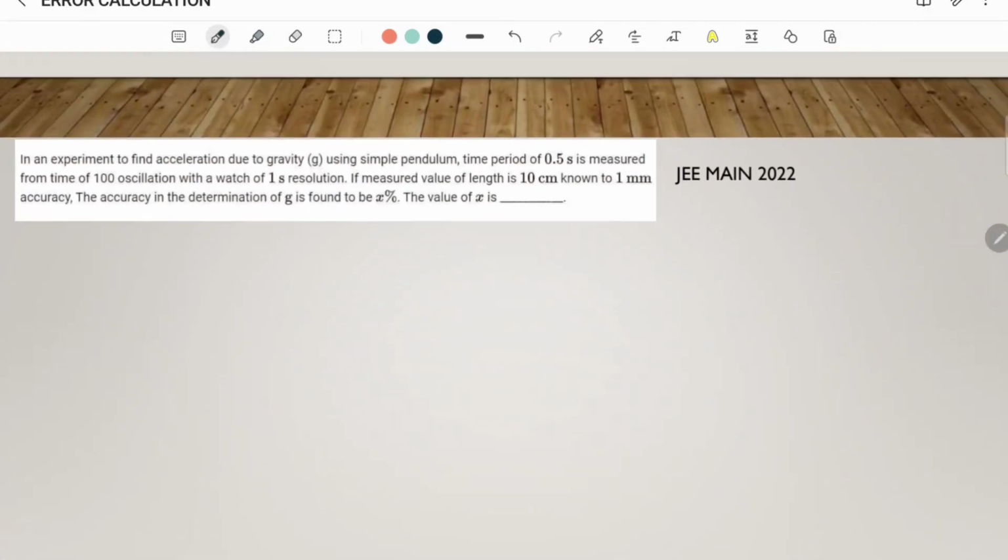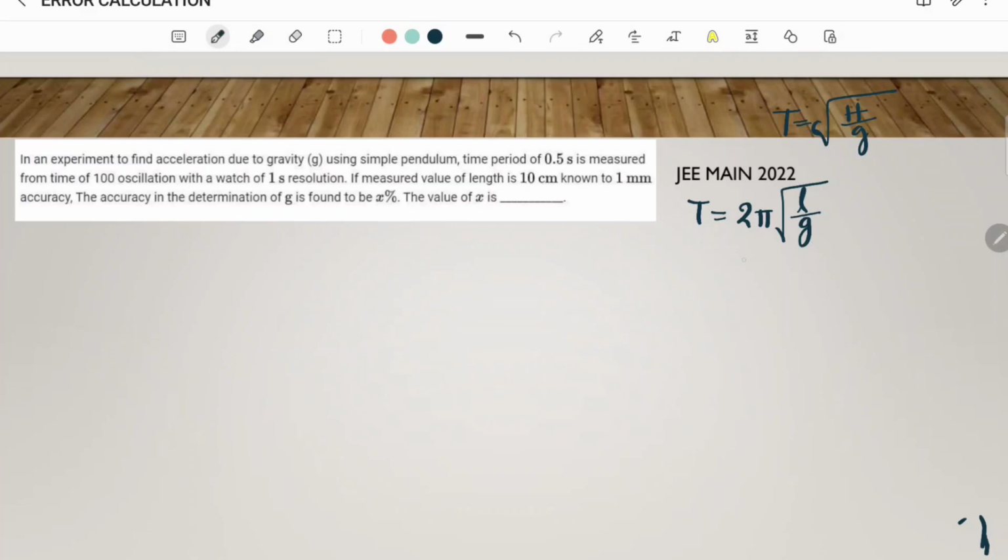This is our next problem. So they want to find the acceleration due to gravity using a simple pendulum. We know the equation. The time period for a simple pendulum t is 2 pi root over L by g. We can reduce this equation using dimensional analysis, just like we did the time in case of free fall, which is root h over g into some constant.